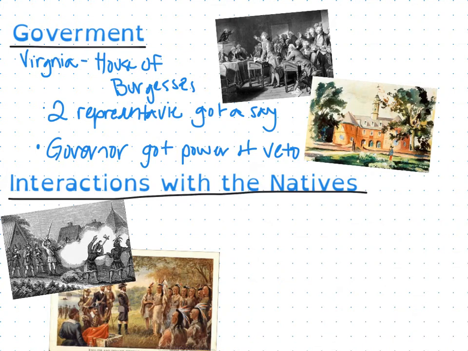All right, when you're ready, let's go ahead and talk about the interactions with the Native Americans. So there were a few Native American groups in this area. We had the Powhatan, we had the Choctaw.